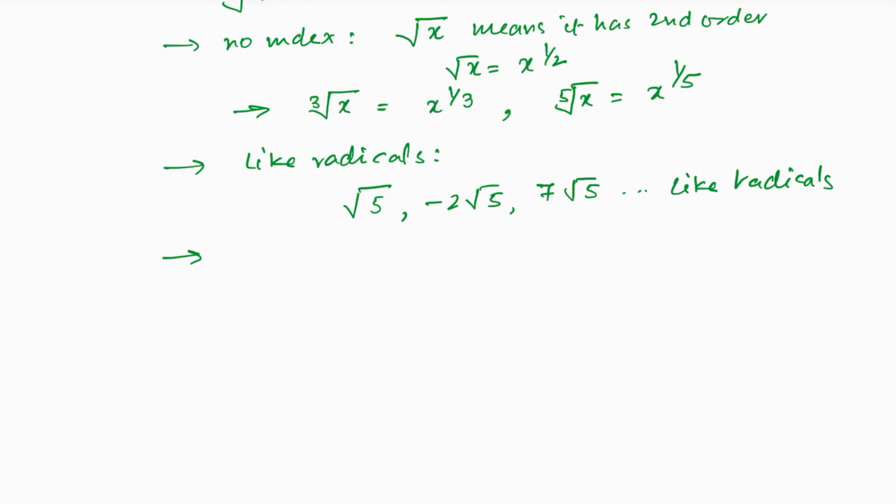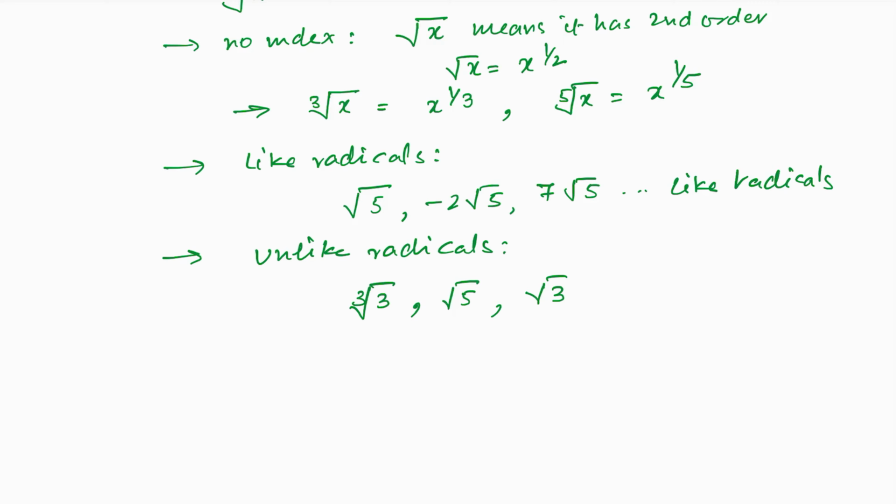So what are unlike radicals? Unlike radicals come in this form. Let's say it's a third root of 3, a second root of 5, or just a square root of 3.